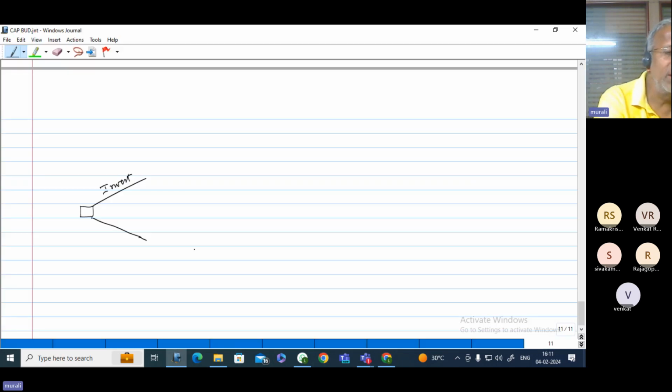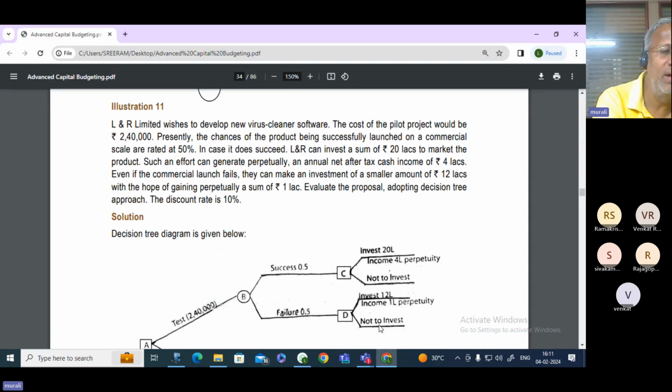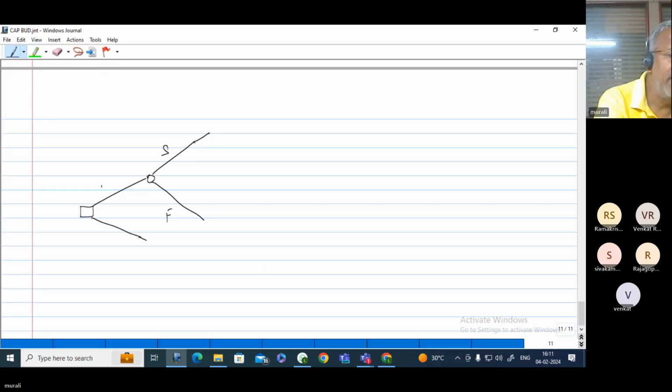And the investment into the project may result in success or failure. Or instead of using the term invest, you can as well say take up the project, and the result could either be success or failure. After this action, these are the events possible. Correct?